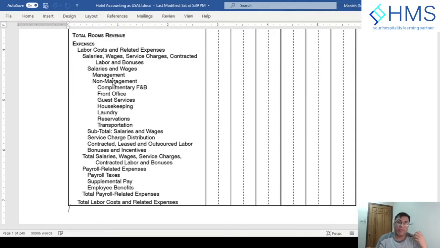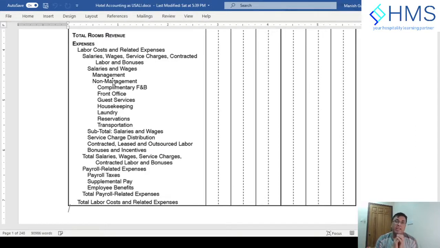So why do we separate between management and non-management? The reason we are splitting management and non-management is because management is usually covering the entire operating section of the rooms. They may be doing the front office, they may be looking after guest services, they may be looking after housekeeping, laundry.